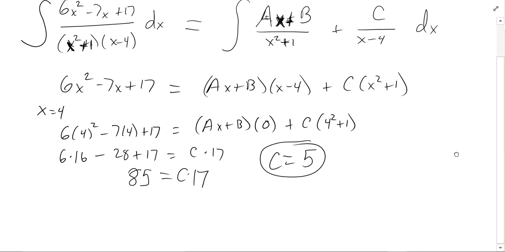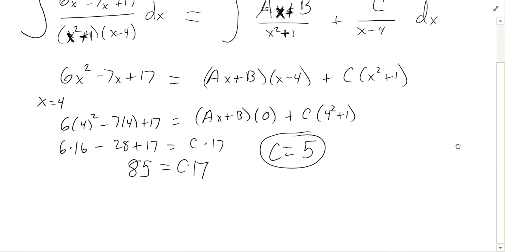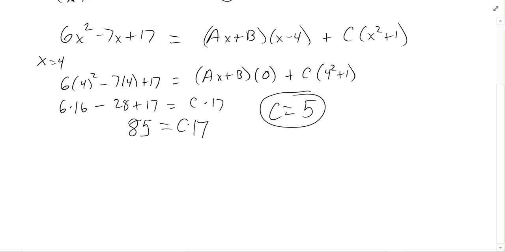I need to find the other values here. Let's see, I need to pick another good easy value to use for x. Plugging in 0, I've always been good at plugging in 0. So if x is equal to 0, the left-hand side is just going to be 17. The right-hand side would be b times negative 4 plus c times 1.